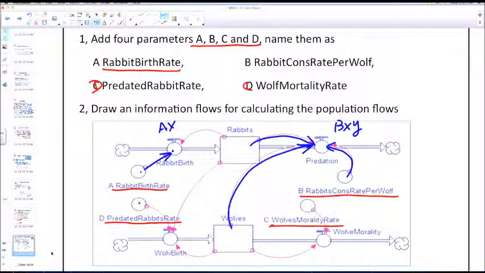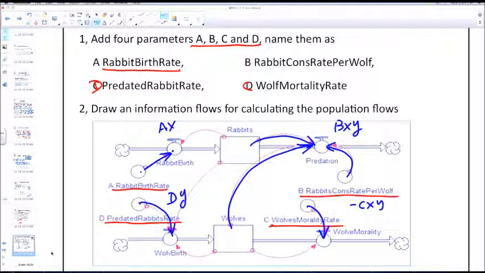And the third, we have this DXY. That's the birth of the wolf. And the last one is minus CY.